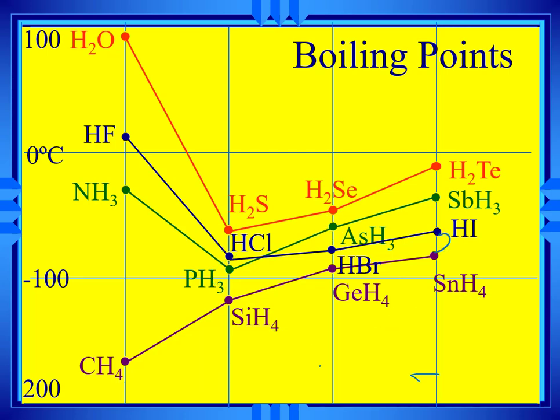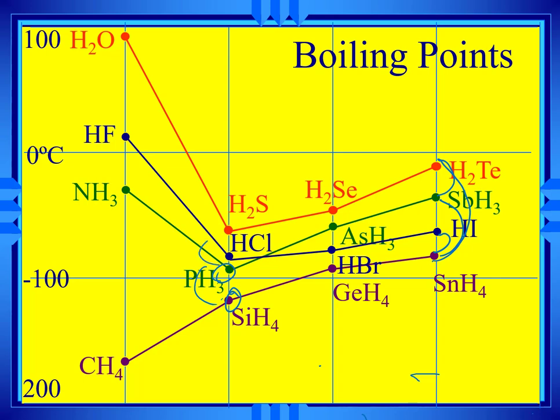When you're comparing here, these are about the difference between being polar and nonpolar. The reason why SiH4 is not as stuck as PH3 is because SiH4 is completely nonpolar, PH3 is polar. So this little jump here is about being polar.